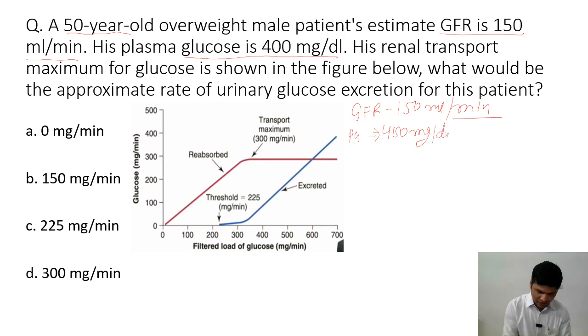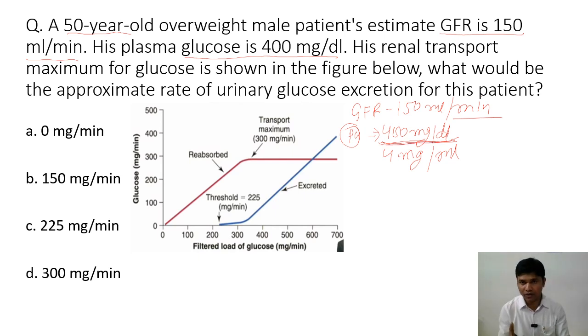400 milligram per deciliter means per 100 ml. So per ml we can say 4 milligram per ml. Same thing: 400 milligram in 100 ml of plasma means 4 milligram in 1 ml of plasma.